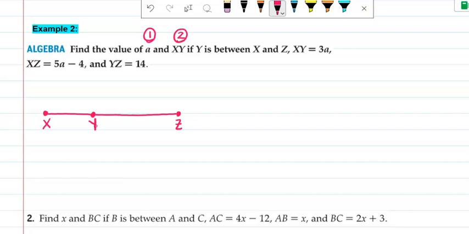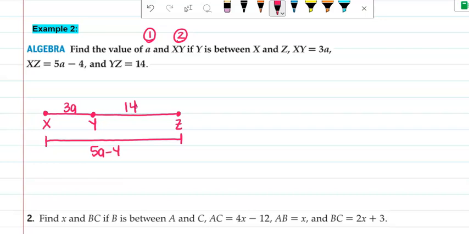It says between X and Y is 3A. X to Z, so from the beginning all the way to the end, is 5A minus 4, and YZ is 14. So this is a very similar setup to what we had before.